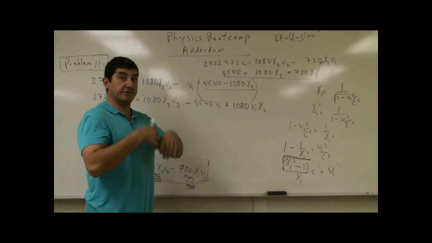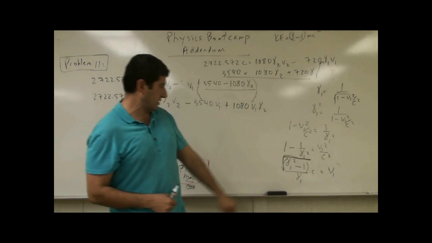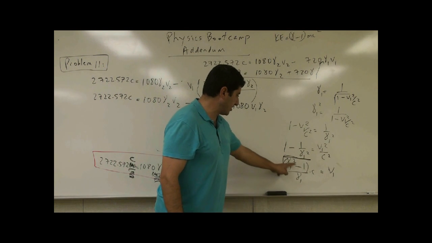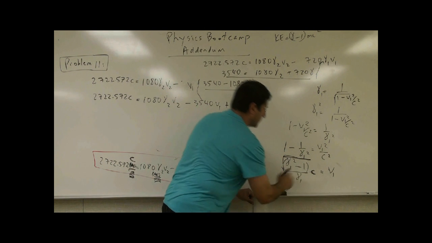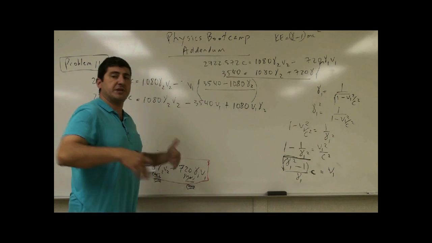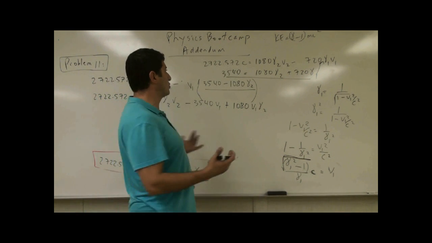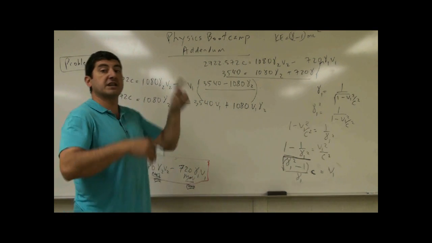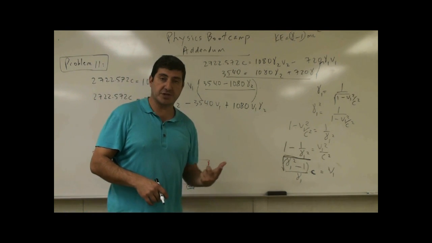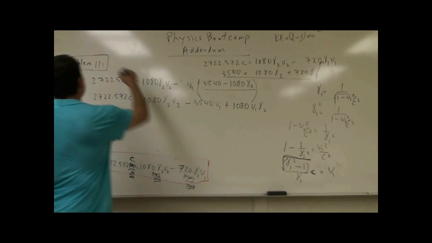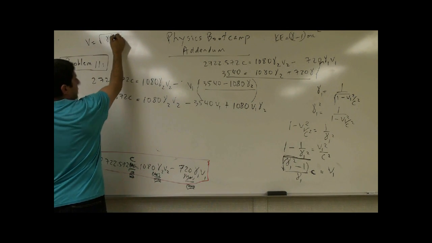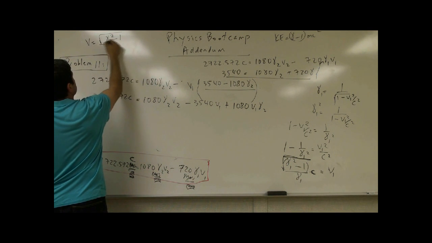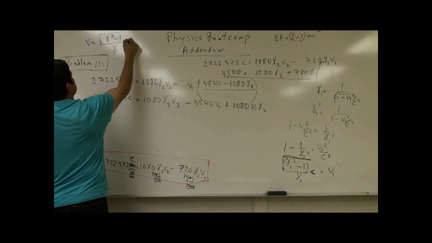So in terms of gamma 1, v1 is the square root of gamma 1 squared minus 1 times c over gamma 1. So this could be a general relationship that you can remember. If you know the gamma and you're trying to go backwards and solve for v, v is equal to the square root of gamma squared minus 1 over gamma times c.